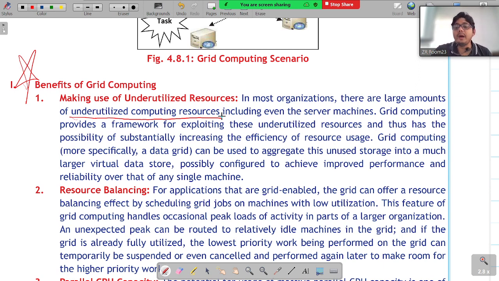Grid computing provides a framework for exploiting these underutilized resources, and thus has the possibility of substantially increasing the efficiency of resource usage.